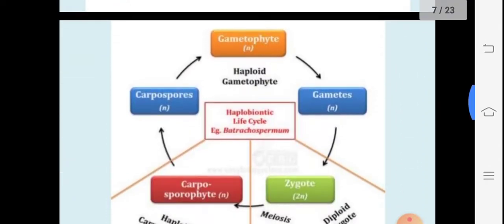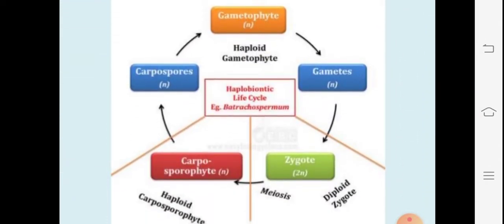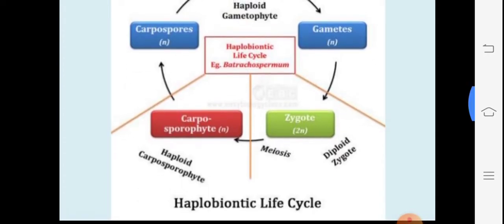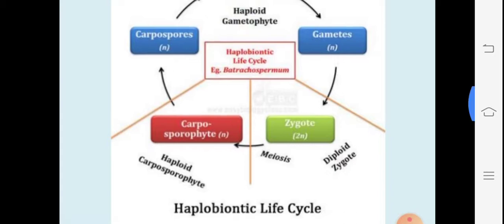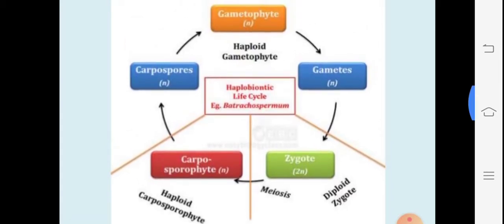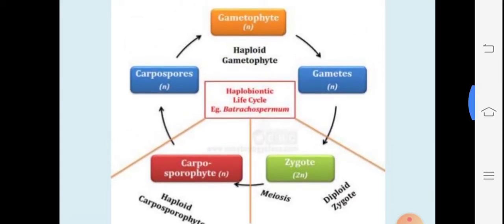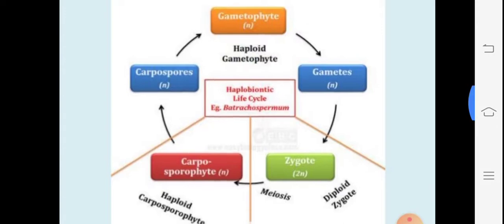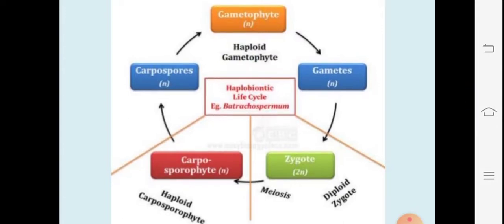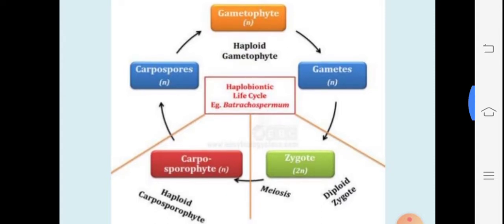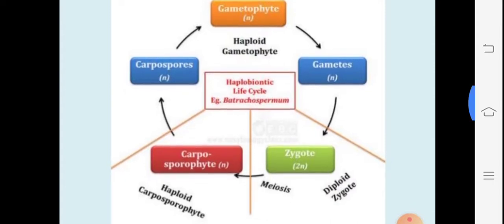Then the next one shows the haplobiontic. Why haplobiontic? Haploid gametophyte, haploid gametes, then a diploid zygote stage, meiotic division takes place and the sporophyte becomes haploid. This stage is called the carposporophyte.